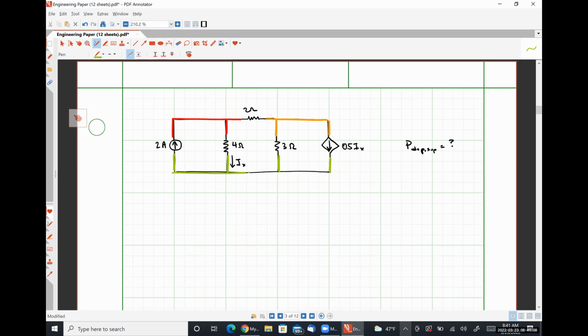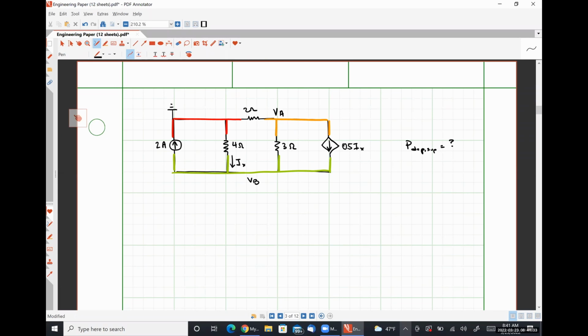Here's a third node. Which node did you choose as your reference? The red one. Okay, interesting choice, but we can absolutely do it this way. Okay, so I'm going to call this guy here VA, and this guy down here VB.